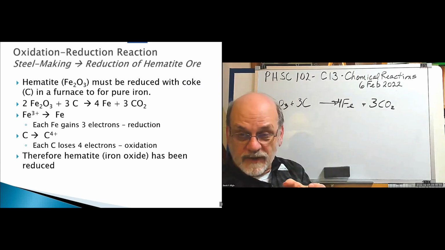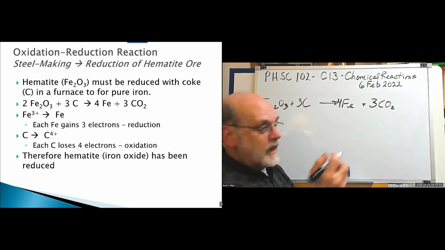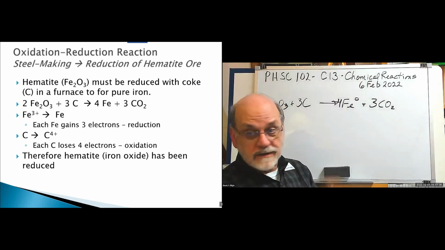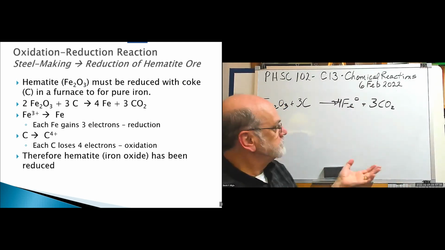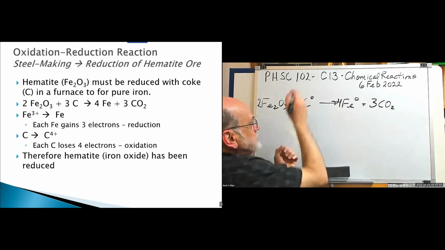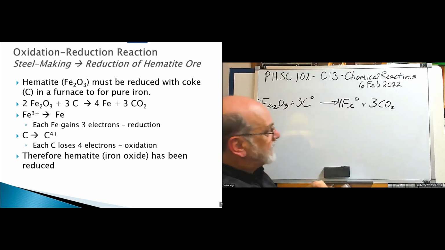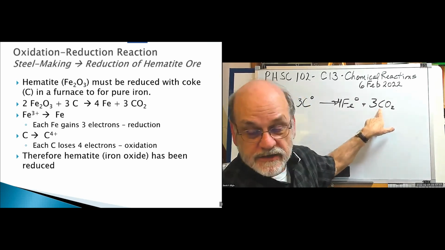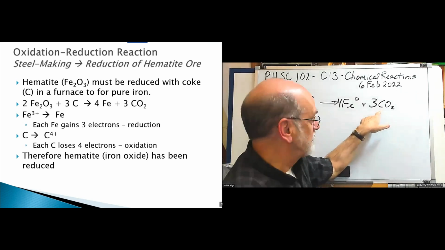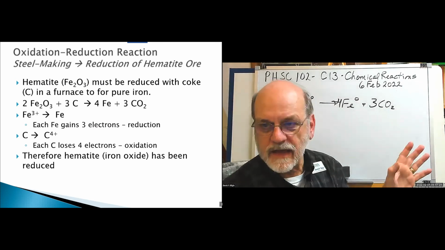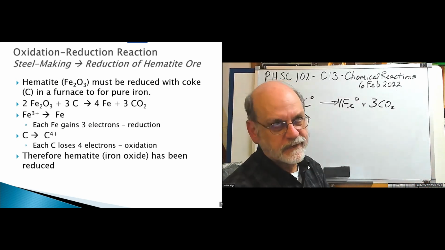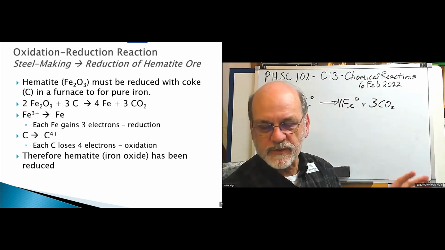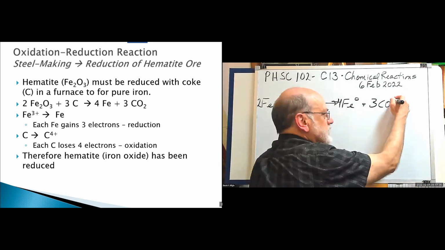For neutral elements like this iron, the oxidation state is 0. You can equate that to a charge. It has no charge. This one has no charge. But in this compound, the oxidation state of carbon has changed, right? Oxygen is always taken as -2, unless it's a peroxide. But for most purposes, oxygen is -2, oxidation state.